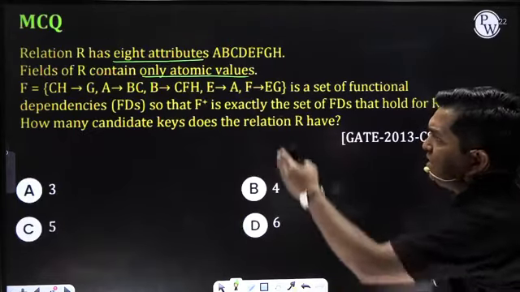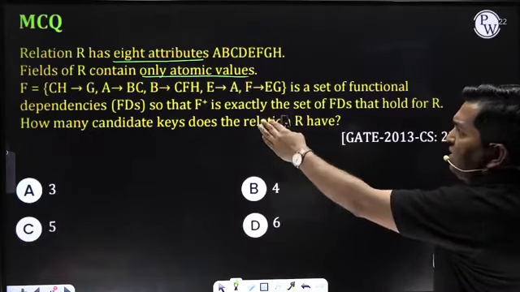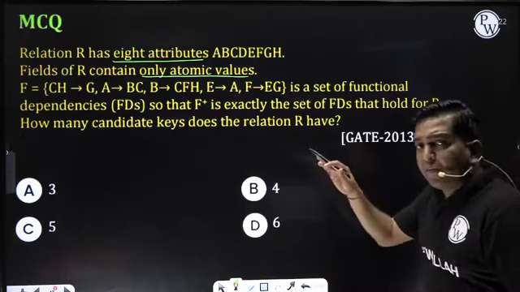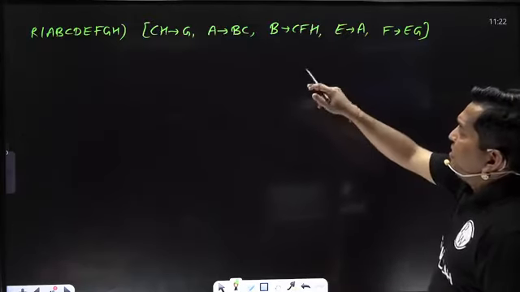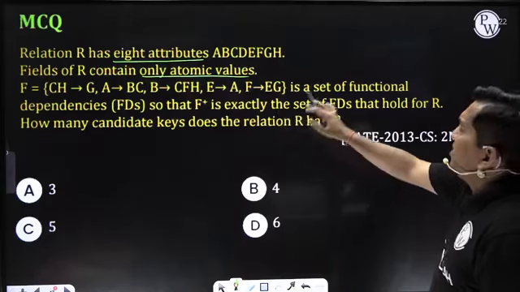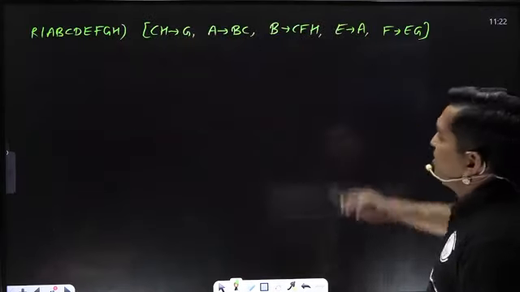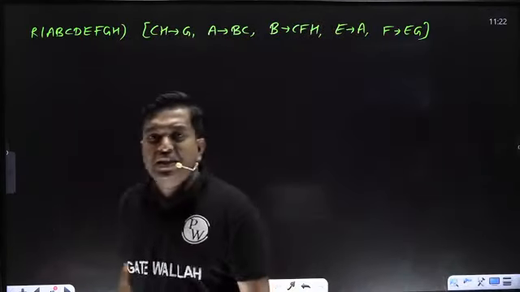Here you can see there are 5 FDs. Now we have to calculate the candidate keys.